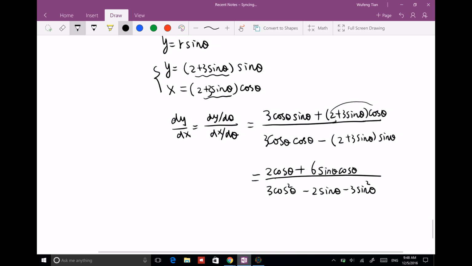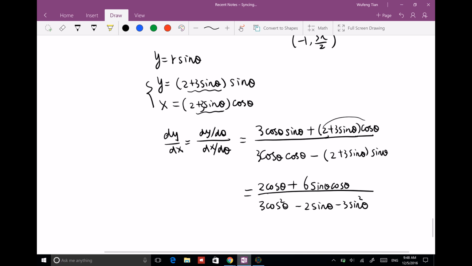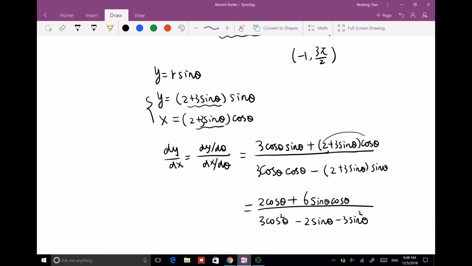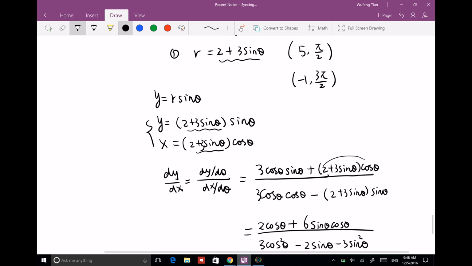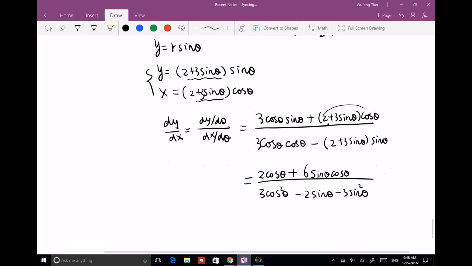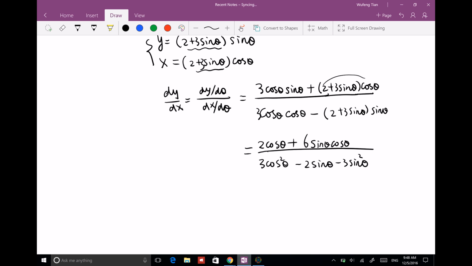Okay, so now I'm looking for the slope of the tangent line at the points. I'm looking at theta equals pi over 2. You just need to plug it in. So dy over dx equals, plug pi over 2 into the function, sine is 1, cosine is 0.